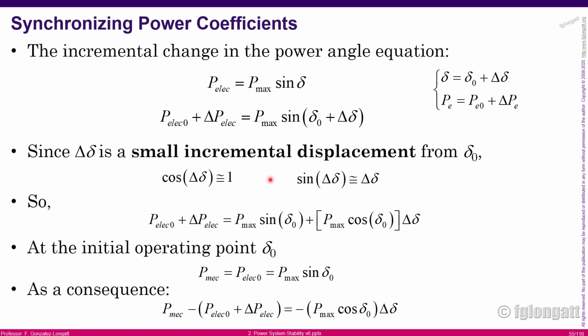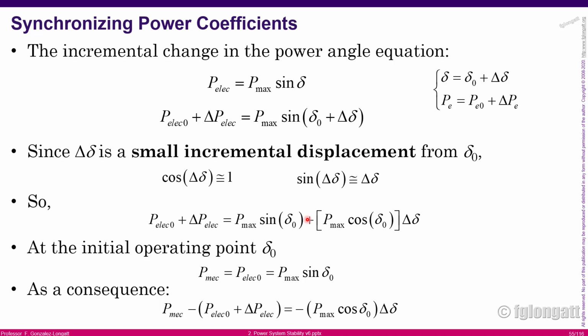First, the cosine of delta delta is almost 1. And the other is that the sine of delta delta is equal to delta delta. Making those assumptions, we can obtain something quite interesting. Look over here, the equation.